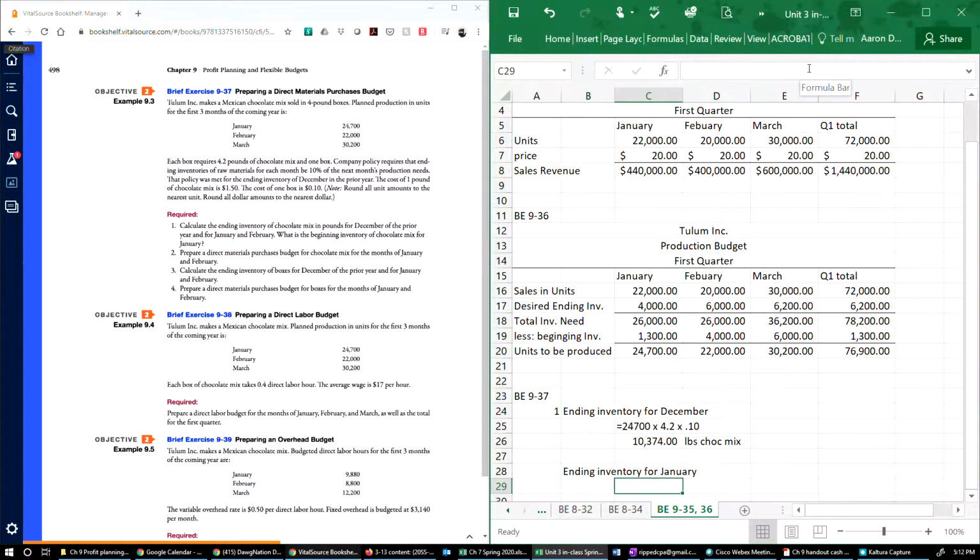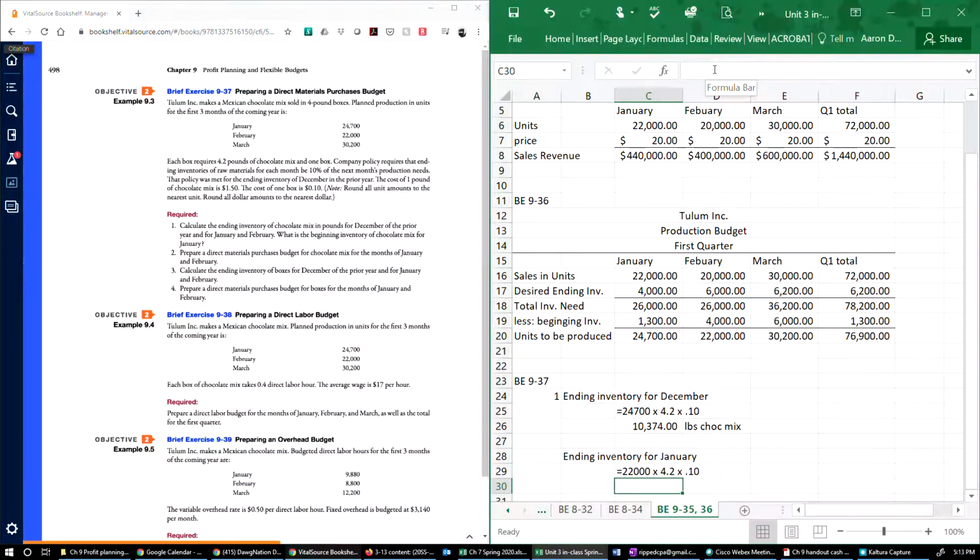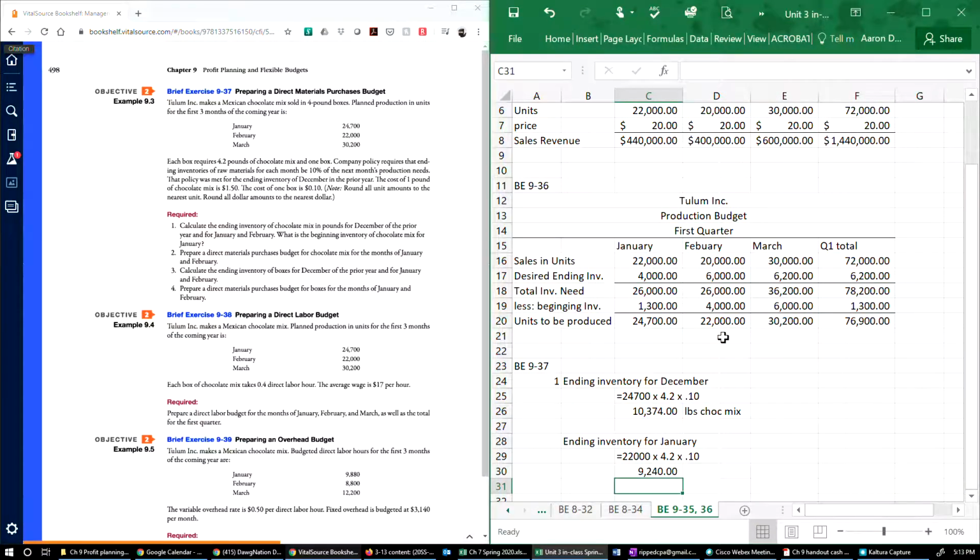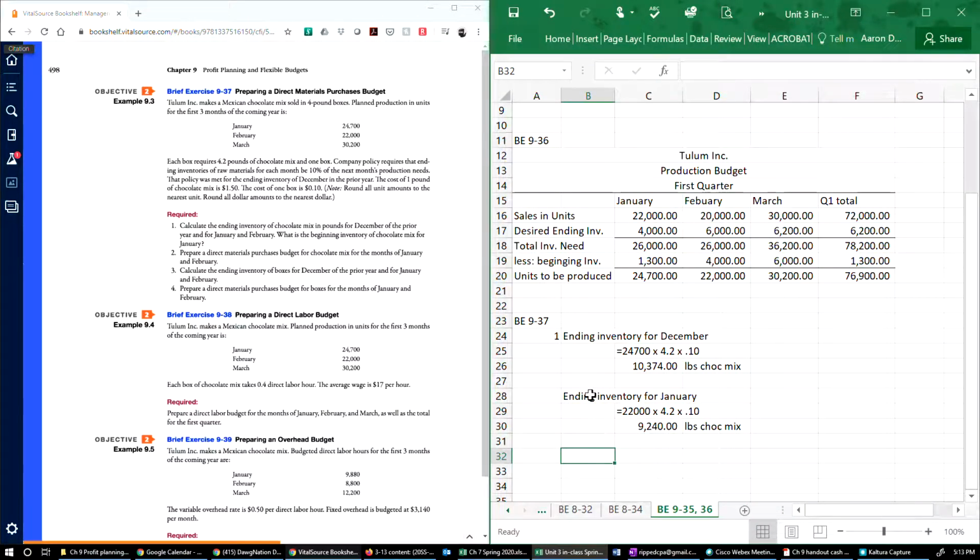We'll sub in the amount for February, since we're computing the ending inventory for January, and then compute that. So ending inventory for January is 9,240 pounds of chocolate mix, and then we'll do it again for February.